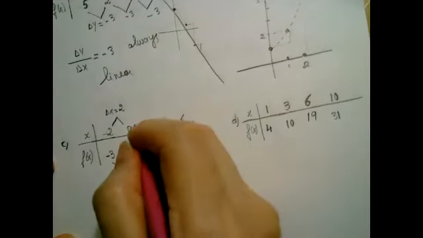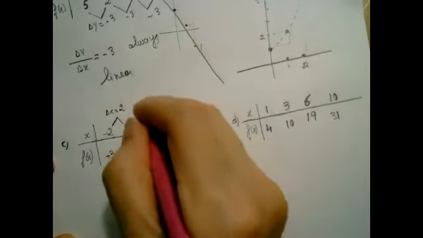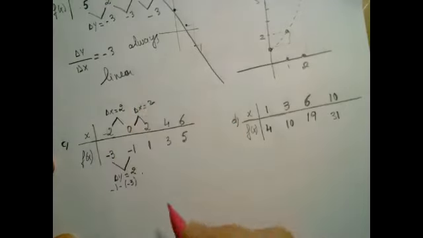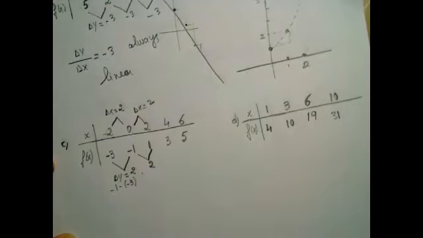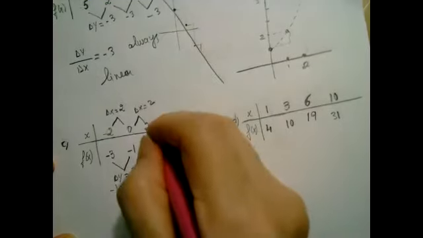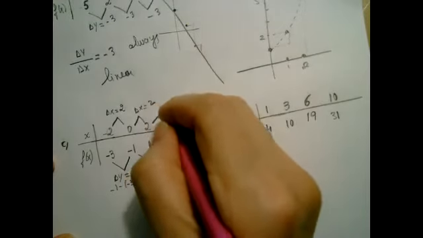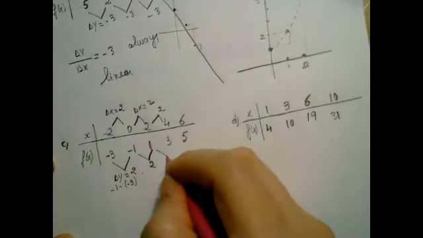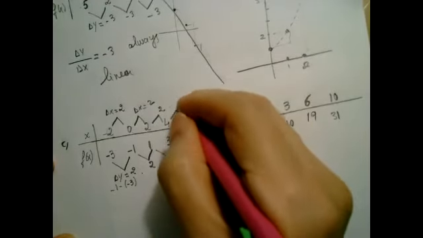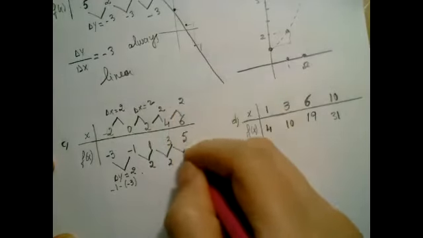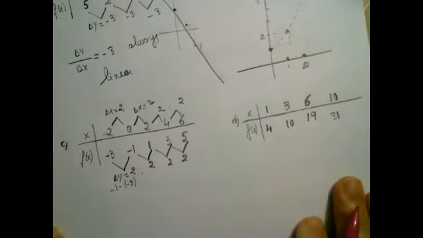Now from here to here, I'm giving you so far the same change of 2 in x. Between -1 and 1, the function also went up by 2. Between 2 and 4, the change is 2. Between 1 and 3, also 2. 4 to 6, the change is 2. 3 to 5, the change is 2.